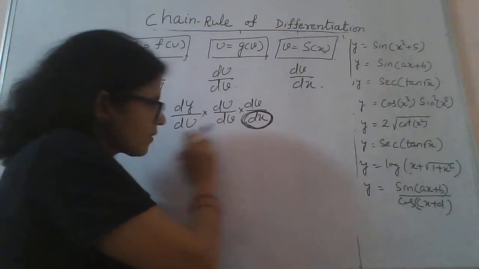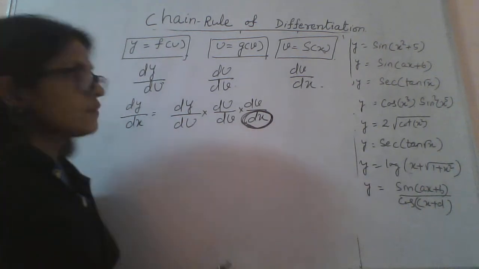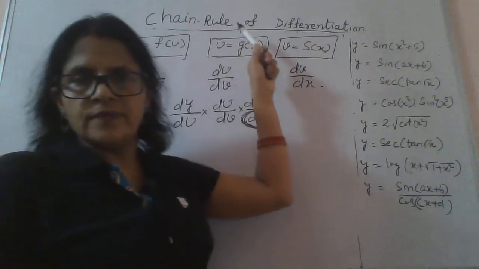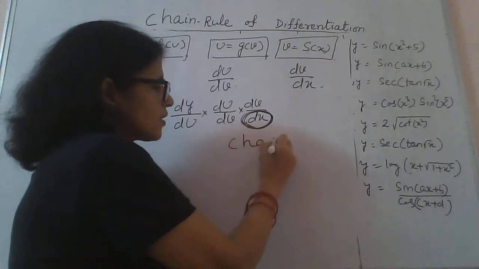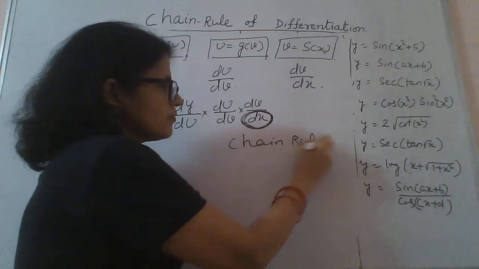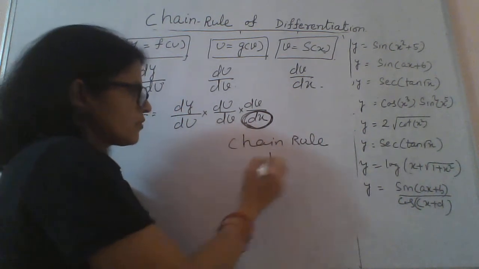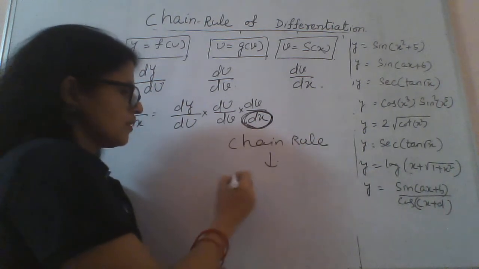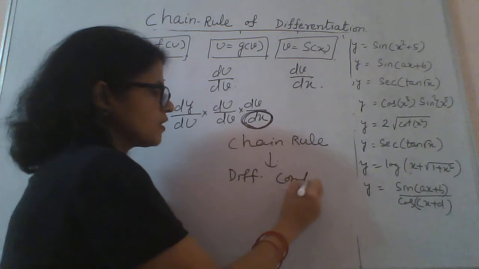Because it looks like a chain, the name is chain rule. The chain rule of differentiation is used to differentiate composite functions.